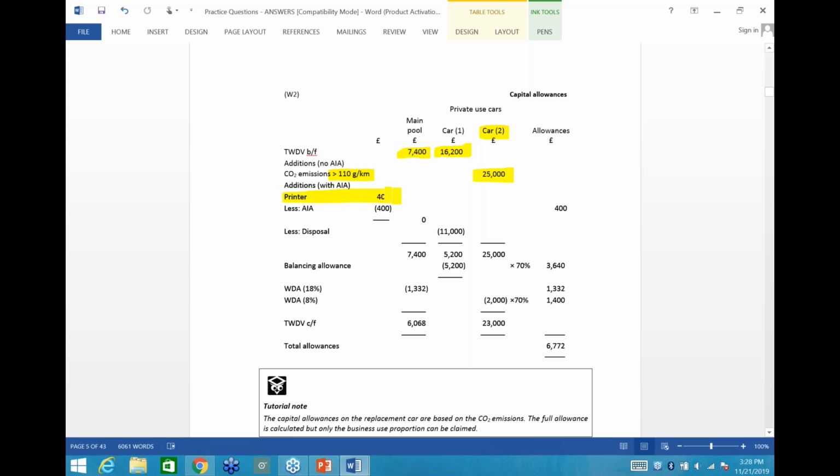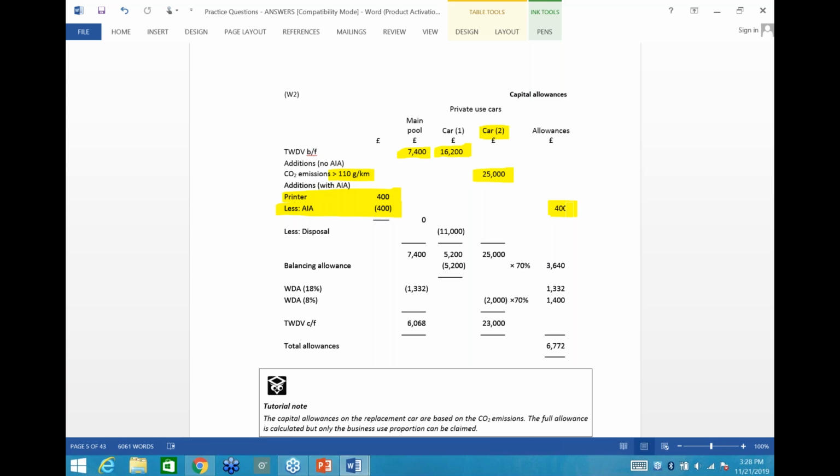On the printer, we can claim AIA up to £200,000, but here we have only £400, so the full amount can be claimed as AIA, annual investment allowance here. So under capital allowances, this 400 you can claim AIA. You can easily omit to record this £400 on which you could have claimed AIA, right?